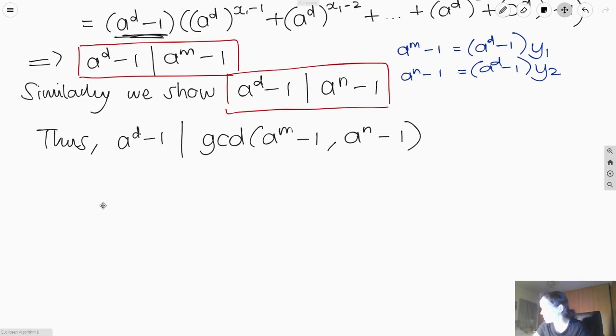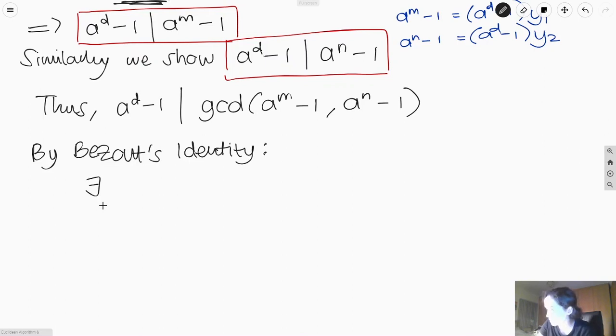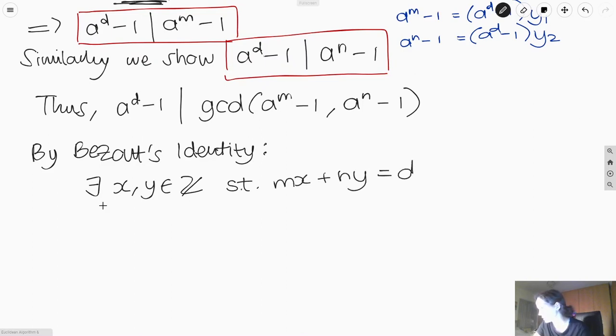Now we take Bezout's identity. So by Bezout's identity, there is going to exist some x and y, part of the integers, such that mx plus ny is going to equal d.